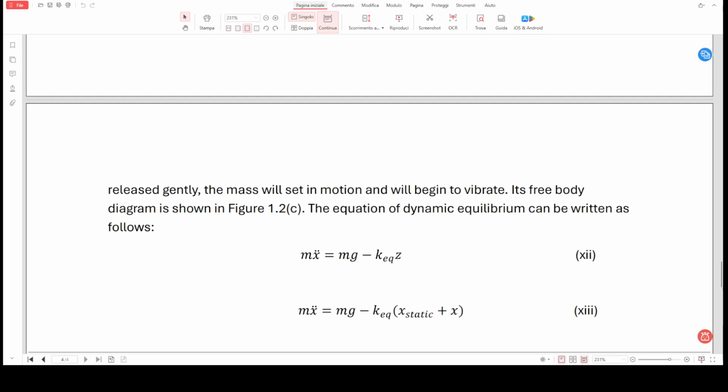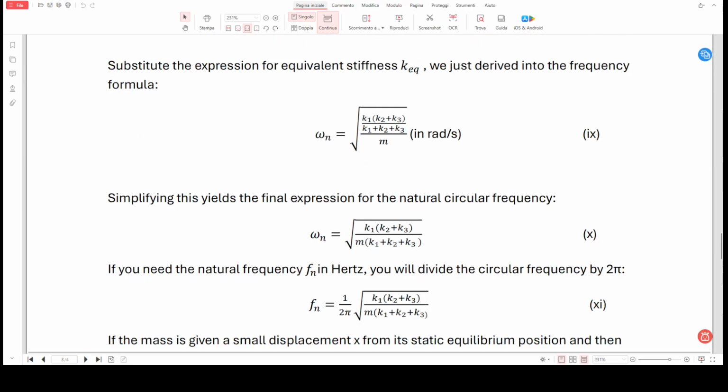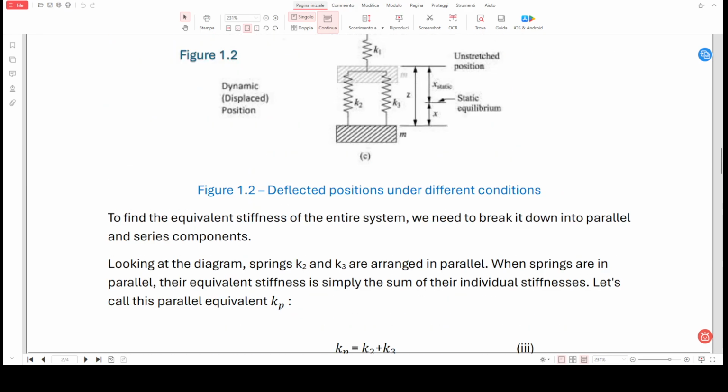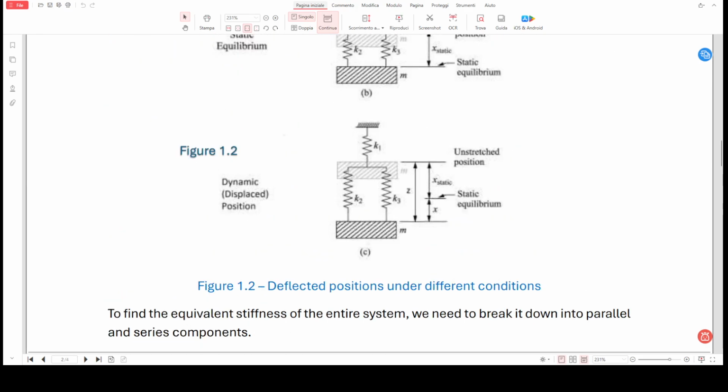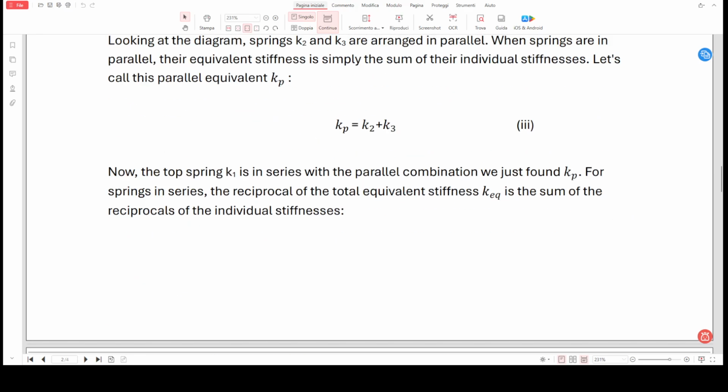The equation of dynamic equilibrium is: m times the second derivative of x in time is equal to weight minus kappa equivalent times z, where z is the sum of x static plus x.